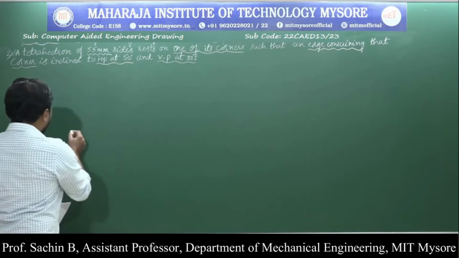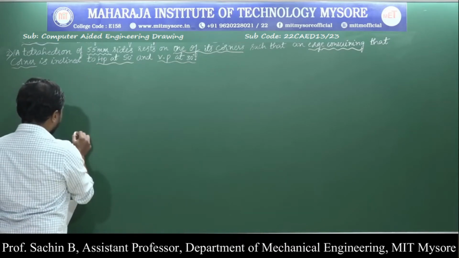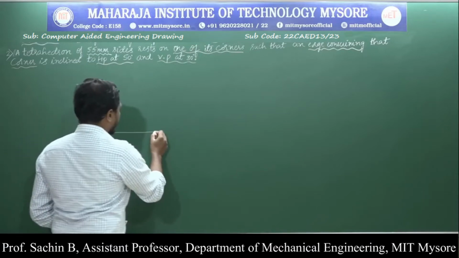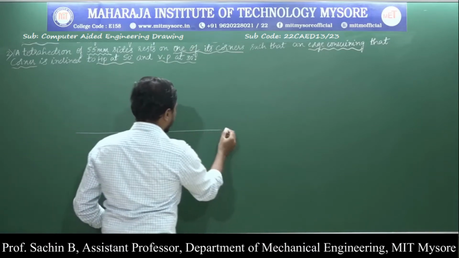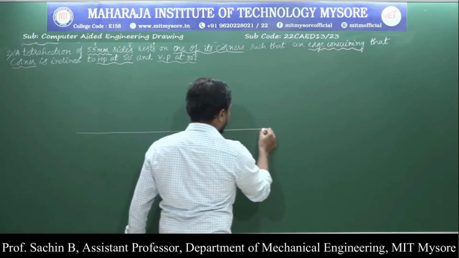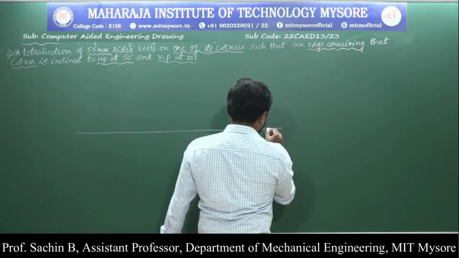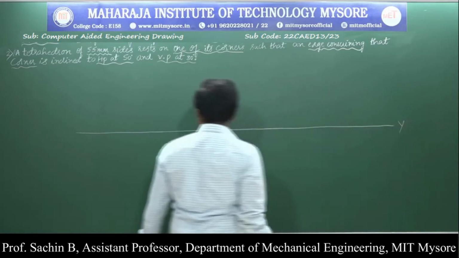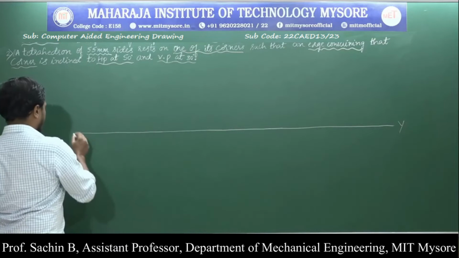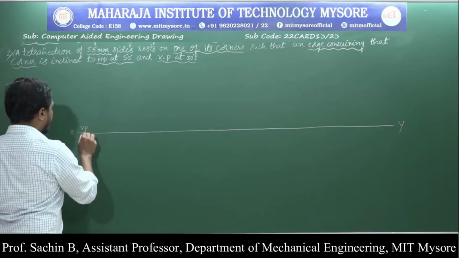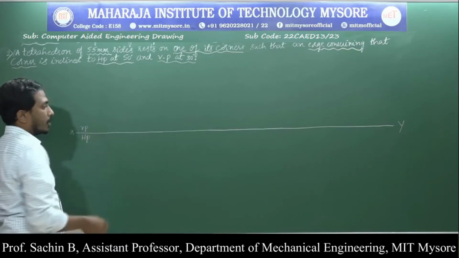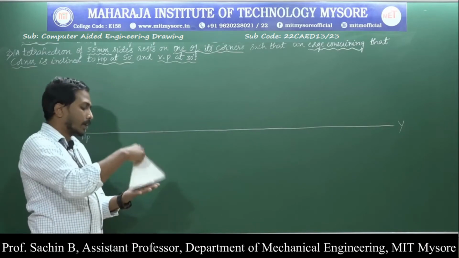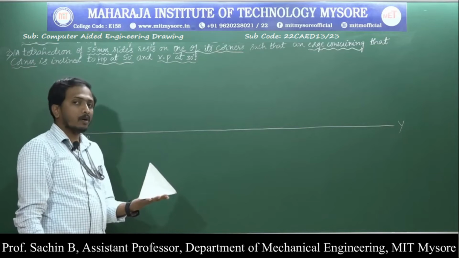Before that, I will draw an XY line. I am drawing the XY line. Next I will mark VP and HP, vertical plane and horizontal plane. Now I am going to construct the tetrahedron resting on corner condition.